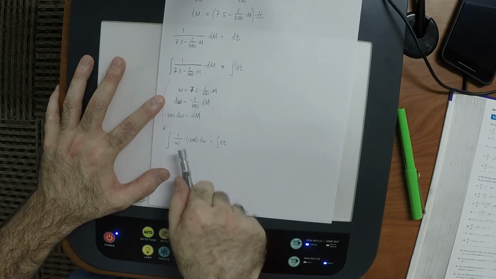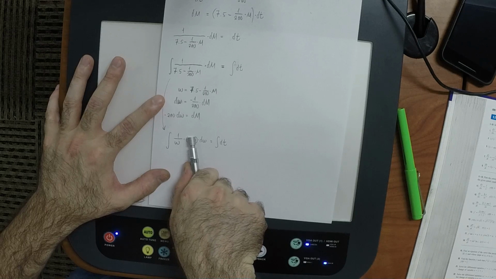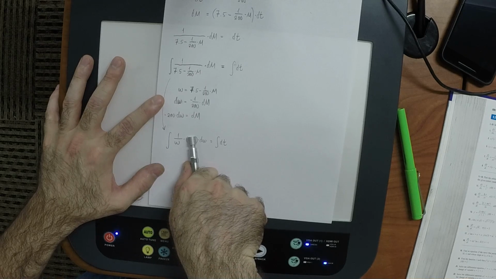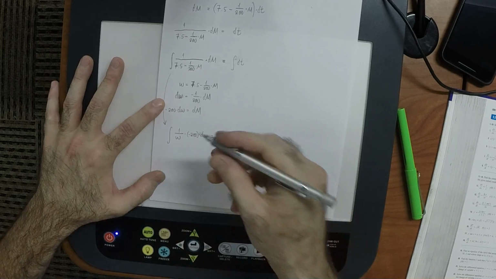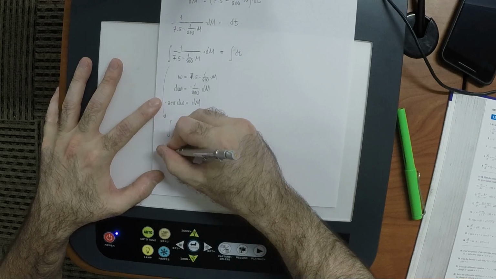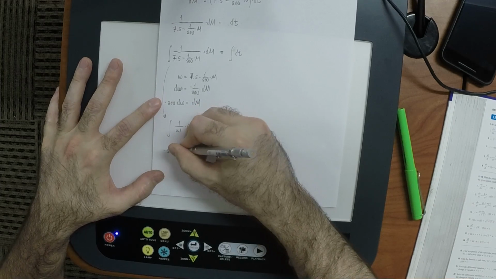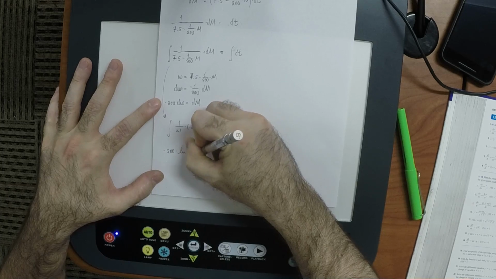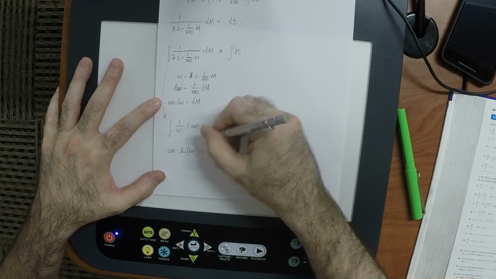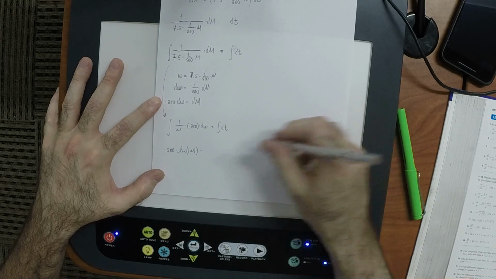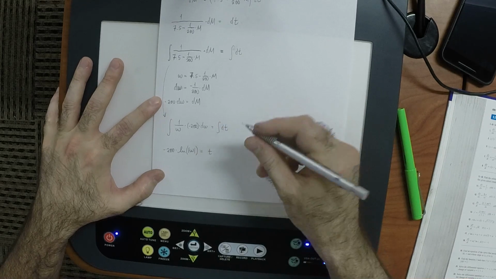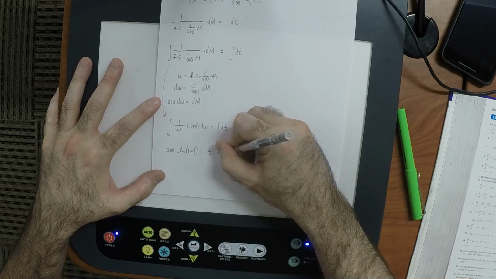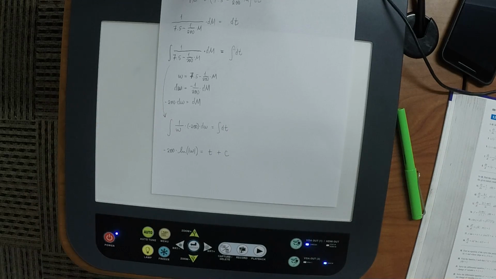Okay, and then ignoring the negative 200, what's the antiderivative of 1 over W dW? Log absolute W. So this would be negative 200 log absolute W, and then equal to, what's the antiderivative of the right-hand side? T. But we're going to need a constant somewhere, so I'll write t plus the constant there. Okay, now we want to solve.